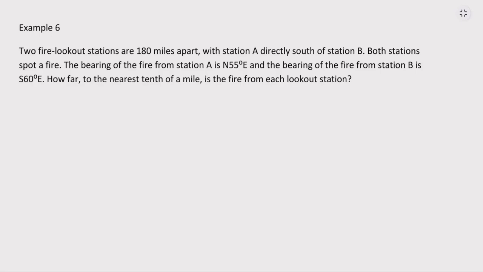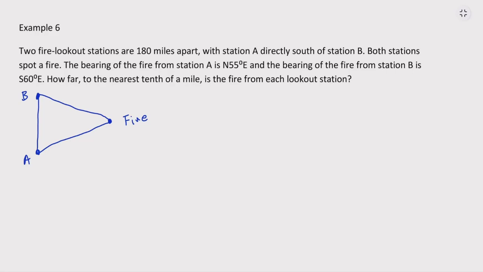All right, so always draw a picture whenever you're doing a word problem. So it says Station A is directly south of Station B. So if this is Station A, then Station B is going to be directly north. And they both spot a fire. So we'll just put a point over here and say fire, and then form a triangle.